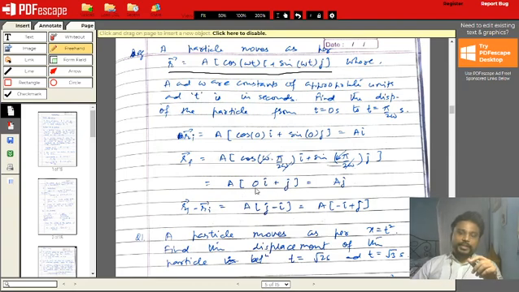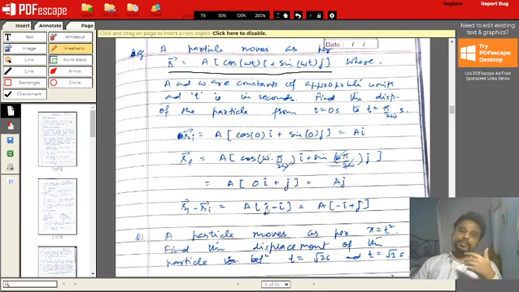So this is 0 i cap plus j cap, and the final position would be simply a j cap. The initial position of the particle: cos 0 is 1 and sin 0 is 0, so this is a i cap. The displacement of the particle is simply final position minus initial position.